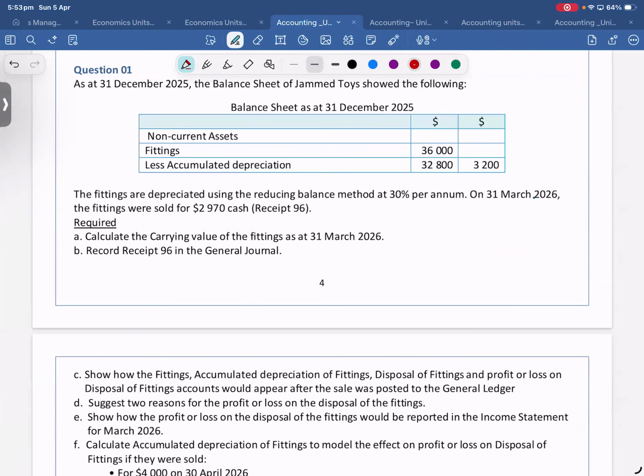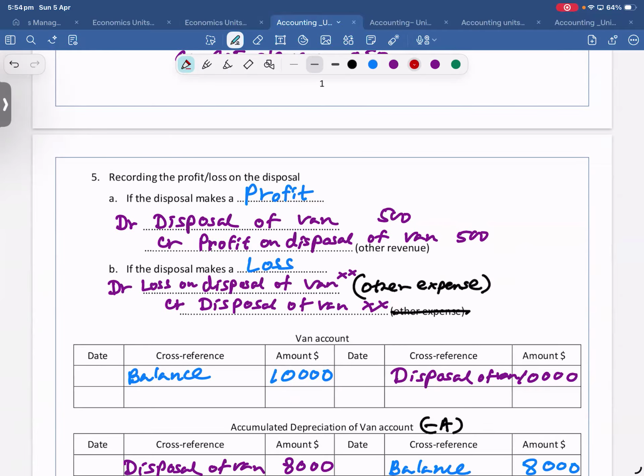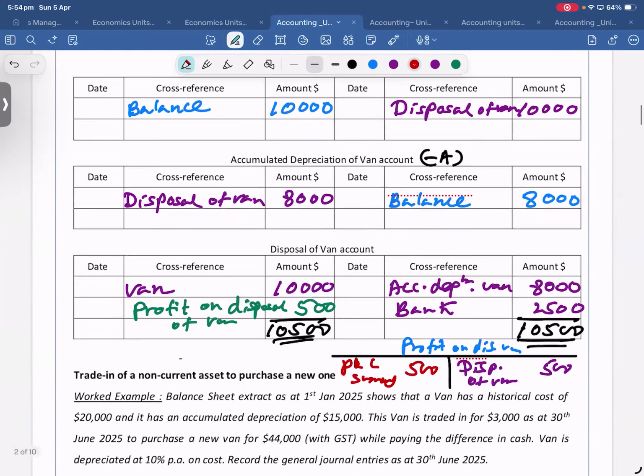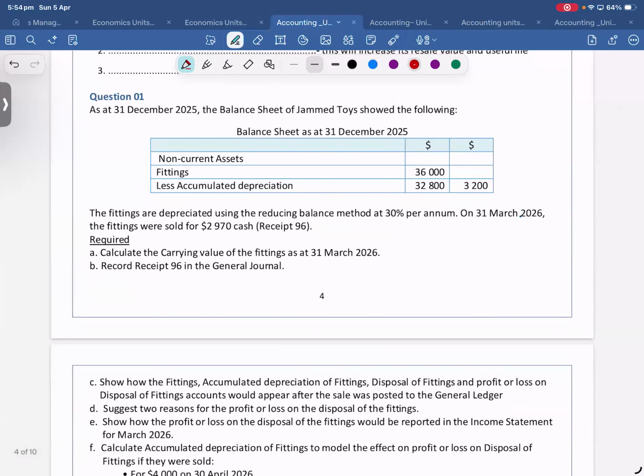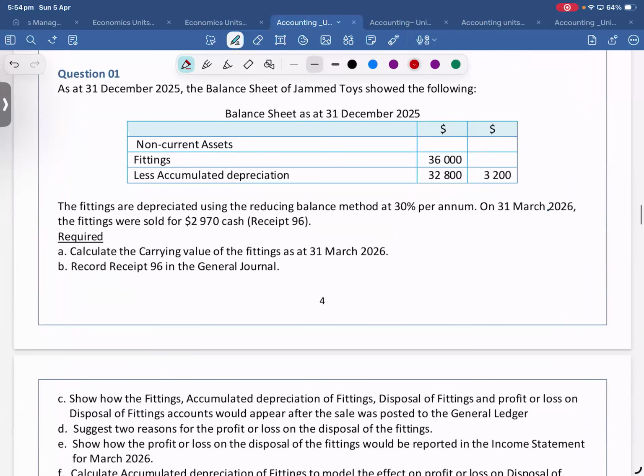Just one. So we're just saying disposing or selling the van for cash, EFT, whatever, receipt, whatever it is. You can do up to part C. You don't have to worry about the rest.